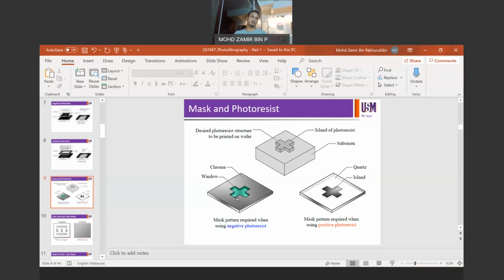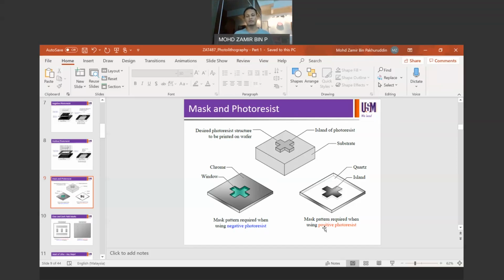So you're going to have your light passing through the central region and cause hardening of the negative resist in the central region, and therefore the central region will not be removed during the development process. Then you're going to end up with this feature on your substrate if you use this mask in combination with negative resist.